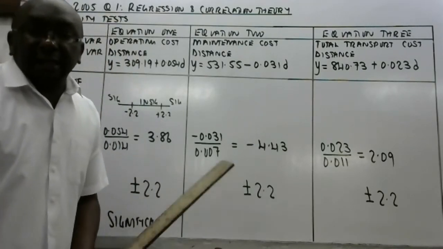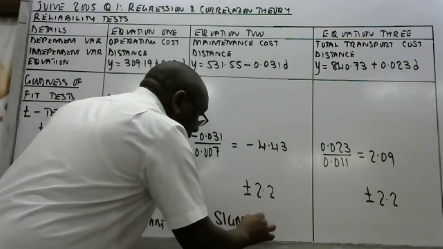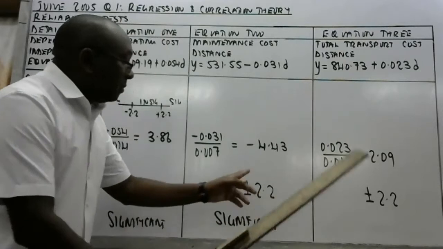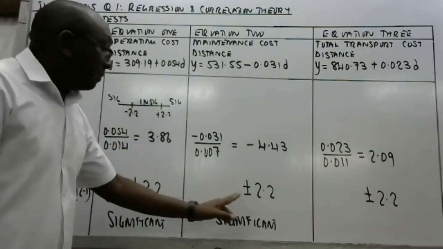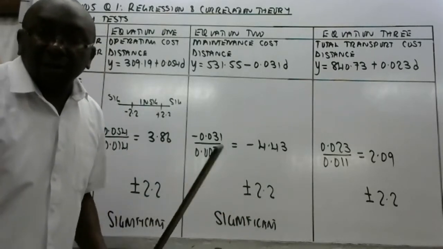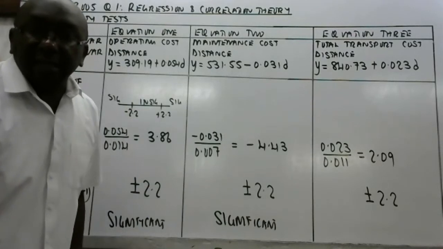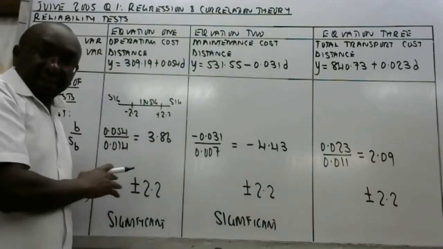Ibrahim says it is insignificant. This is very much significant, Ibrahim, because you can see here minus 4, it will be down here. Minus 4 is far below minus 2. So it is significant. Ibrahim, good. Even John, you are saying it is insignificant. It is significant because it is on the lower side.